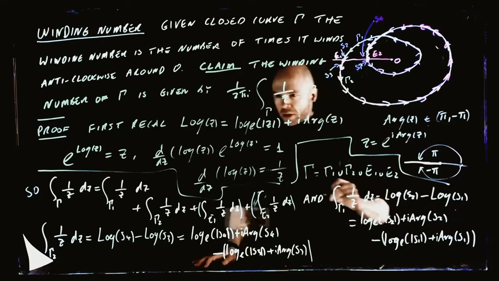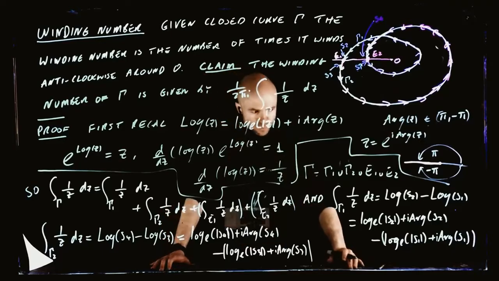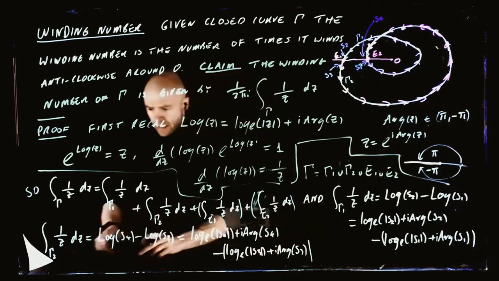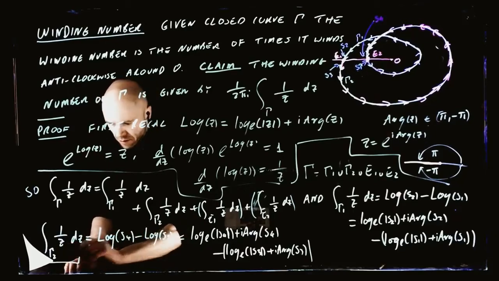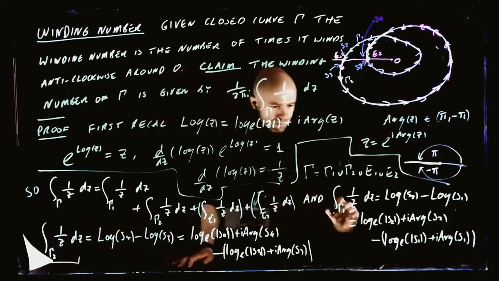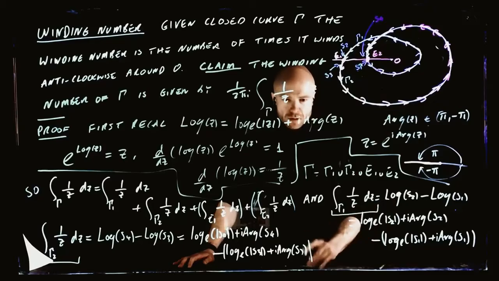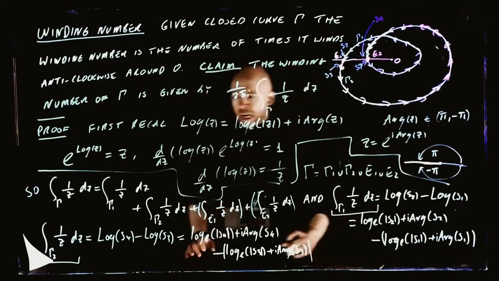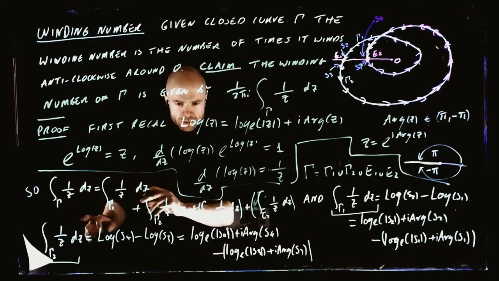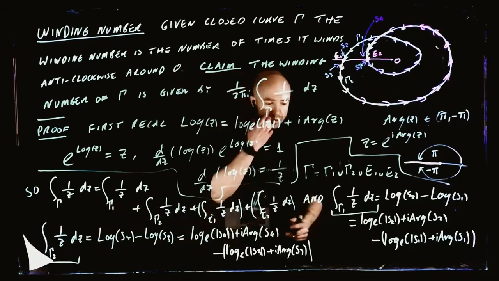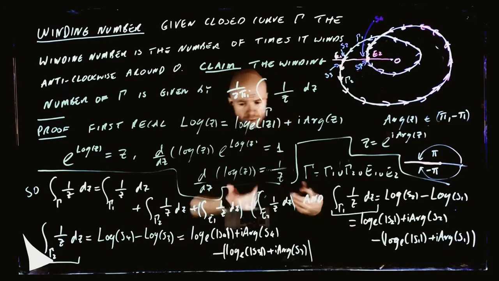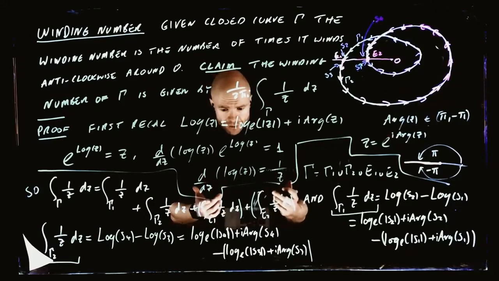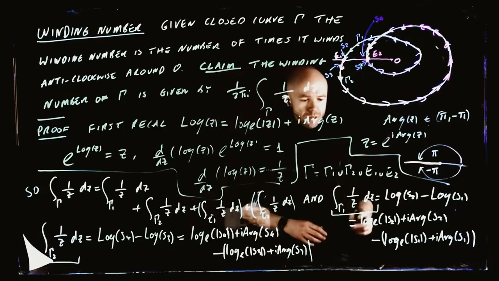Where did I put the original definition? There we go. Good. All right, cool. So all we have to do is to add this guy to this guy. And that, with a tiny error, will give us what the entire thing is. If we add these expressions, I claim that the real parts are all going to vanish, with very small errors.